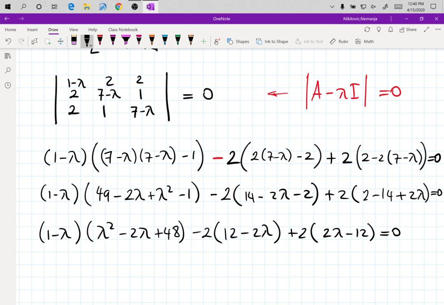Shouldn't it be negative 14 lambda? Negative 14 lambda. Yeah, I am so lost now. I'm not sure if you're talking about line 1, 2, or 3. Shouldn't it be negative 14 lambda? Yeah, the last two boxes should cancel out.